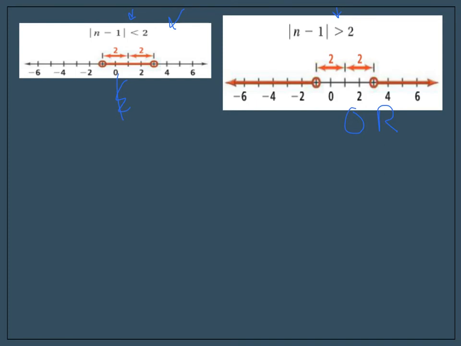I would have n minus 1 is going to be less than 2, and n minus 1 is greater than negative 2. When you write your negative answer, you have to flip the sign. So when I solve for both of these, if I add 1 to both sides, I have n less than 3 and n greater than negative 1. So it should be in between those two numbers.